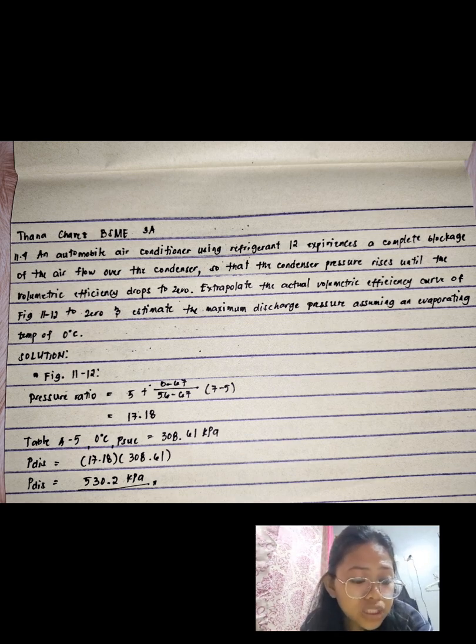From table A-5, at 0 degrees Celsius, P suction is equal to 308.61 kilopascal. P discharge is equal to 17.18 multiplied by 308.61, so P discharge is equal to 530.2 kilopascal. And that's our final answer.